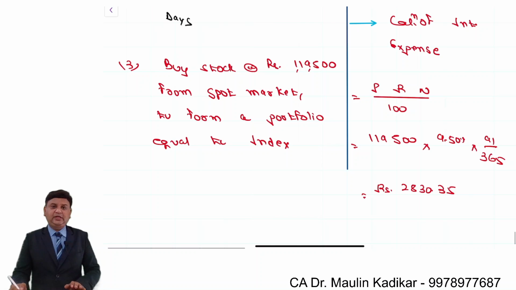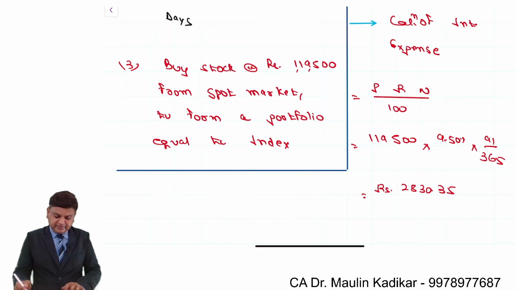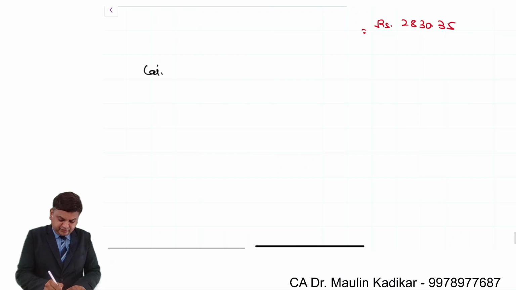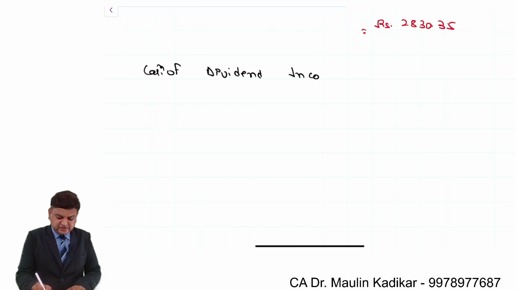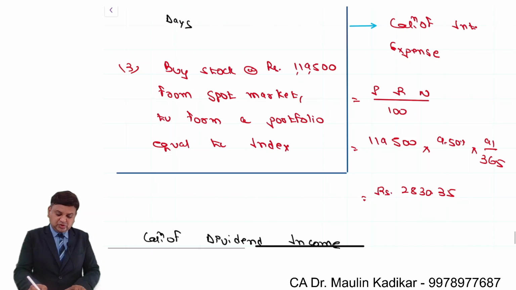Now friends, importantly, whatever investment we have made, for that we will get dividend income. So we have to prepare one more working note, that is, on 15th of December, the calculation of dividend income. Whatever stocks in which you made investment must have paid dividend to you, because you have entered into the spot transaction of purchasing the stock.